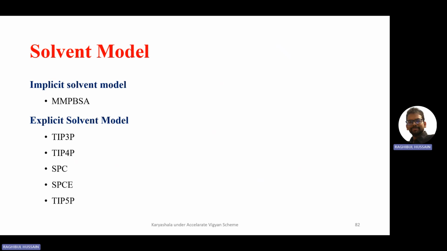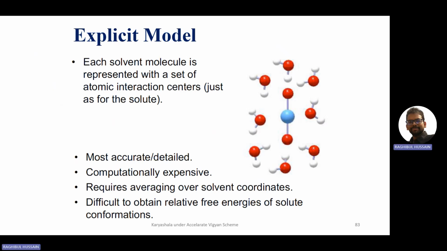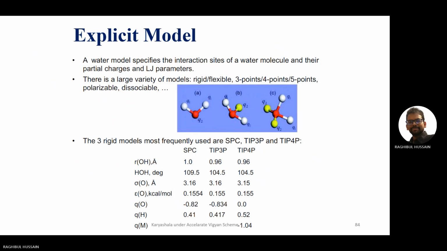But for the explicit, that is mainly with respect to water. When our system is solvated in water, we use various models for water. In the explicit model, each solvent molecule is represented with a set of atomistic interaction centers. These are mostly accurate and detailed, but computationally expensive, and require averaging of the solvent coordinates.